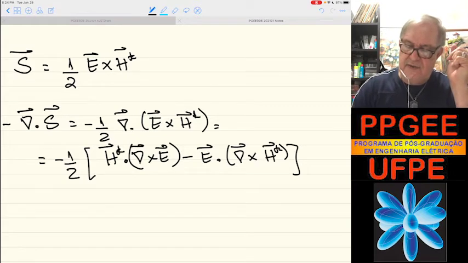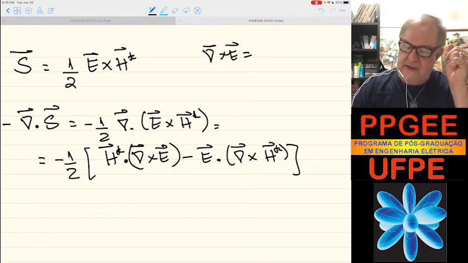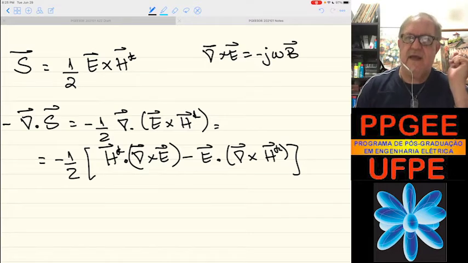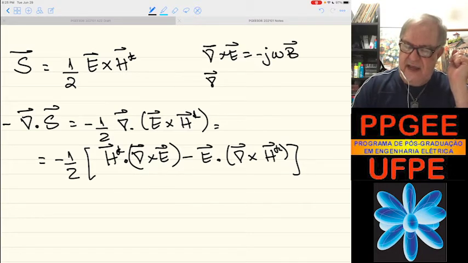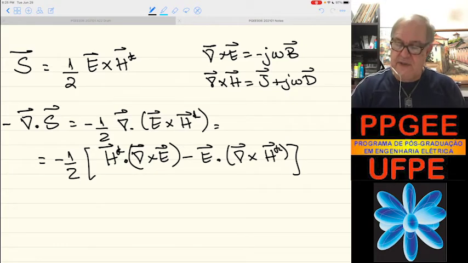Recall the equations, right? Curl of E equals, in the harmonic domain, minus j omega B, okay? And curl of H equals J plus j omega D. Then if I make the conjugate, it's going to be J conjugate minus j omega D conjugate.